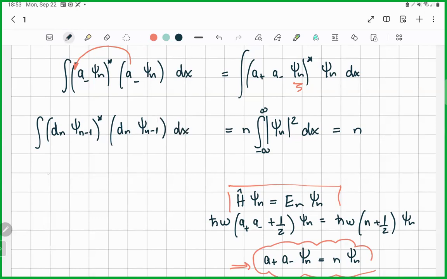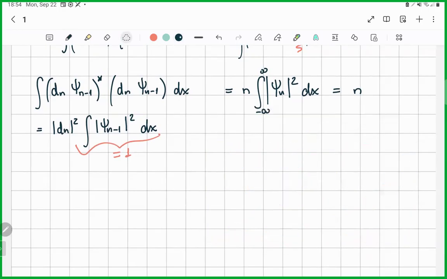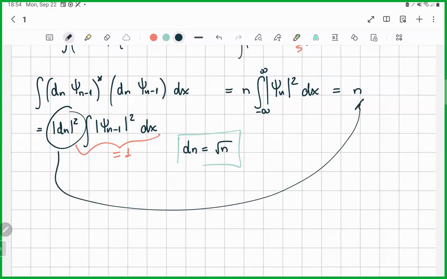So what we get from here is that d_n is a constant, so I'm putting it outside the integral, and here what survives is ψ_{n-1}. Again, we want this to be 1, we want it to be normalized. So conclusion, to have normalization, we get that d_n has to be the square root of n. So what I got here is this side equal to that. So that's what we wanted to show.